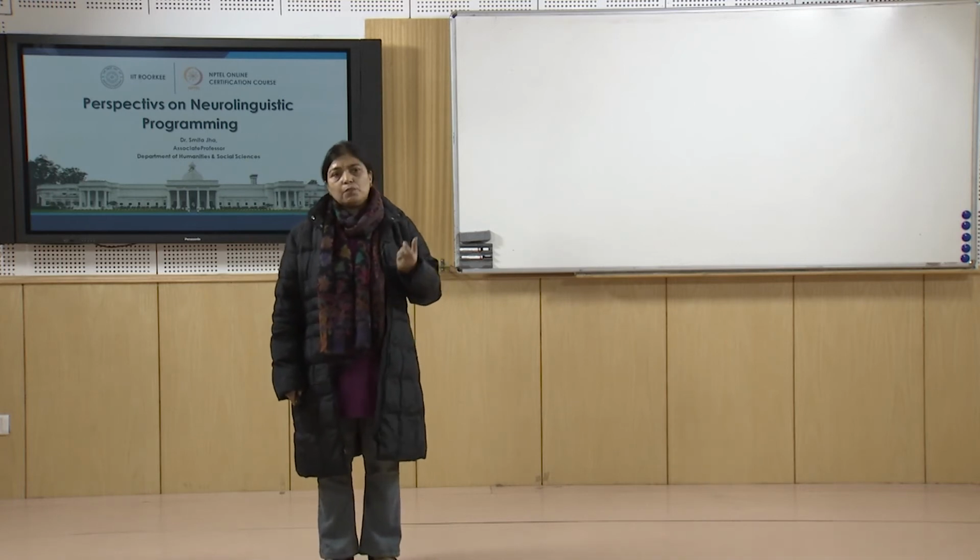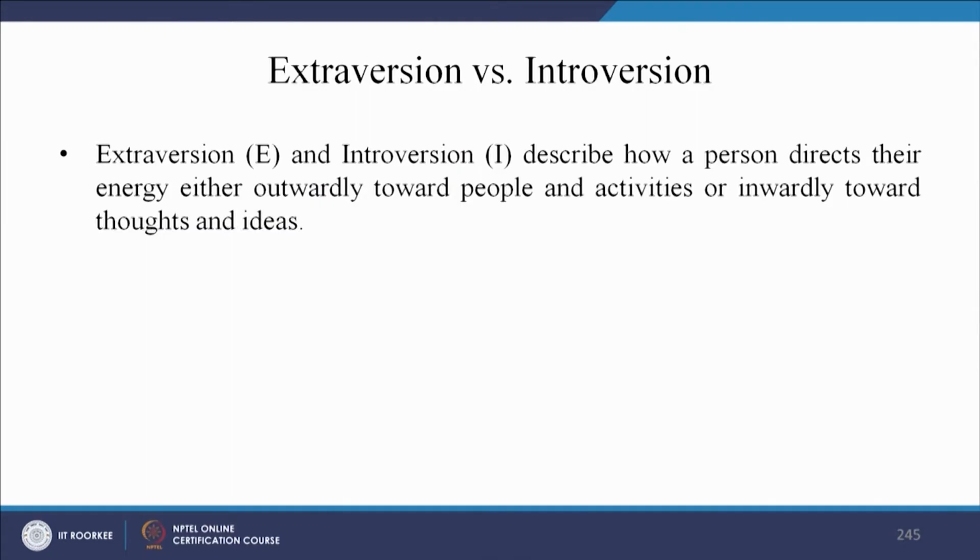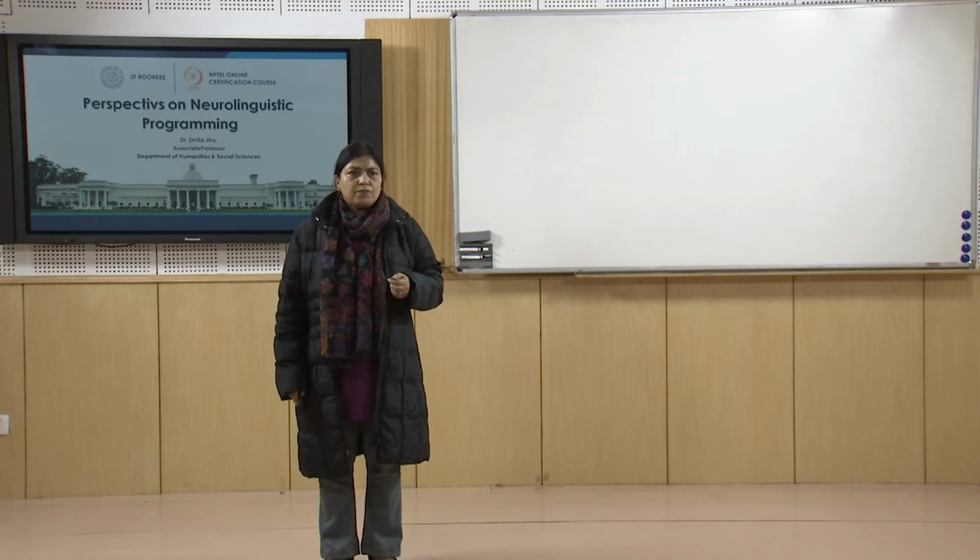Now the first, out of 8, the first pair, that is of 2, is extraversion versus introversion. Extraversion, that is E, and introversion, I, describe how a person directs their energy, either outwardly towards people and activities or inwardly towards thoughts and ideas.